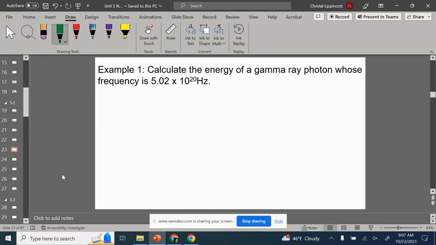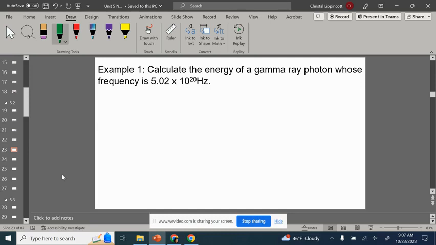We have energy equals Planck's constant times frequency. We have energy equals Planck's constant times the speed of light over wavelength. And we have the speed of light equals wavelength times frequency. So those are our 3 equations that we're using for this chapter.